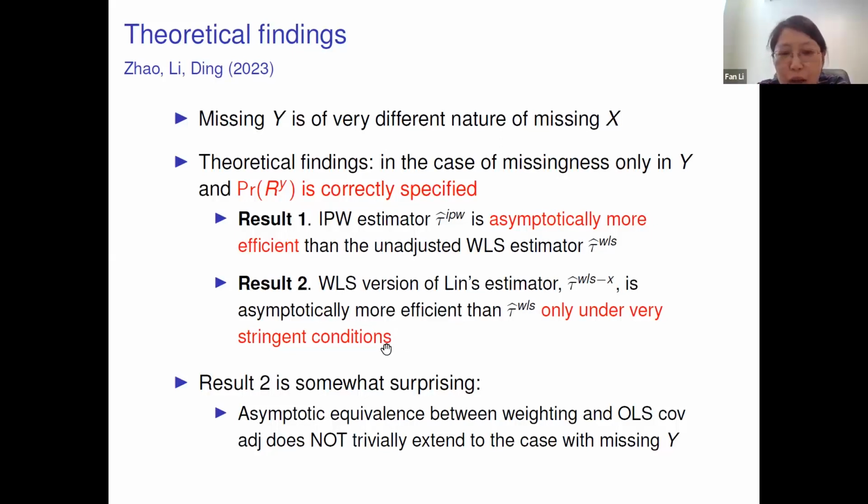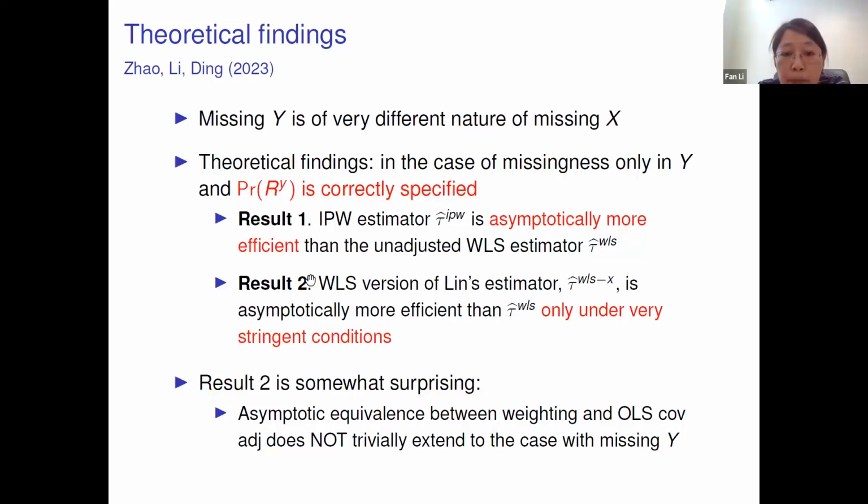It holds only if you have a linear model and the heterogeneous treatment effect is additive across all units. So in other words, the weighted least squares version of the Lin estimator is not necessarily more efficient than the unadjusted estimator. So this is really surprising to us.